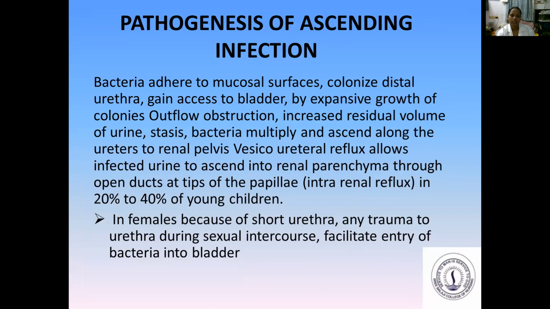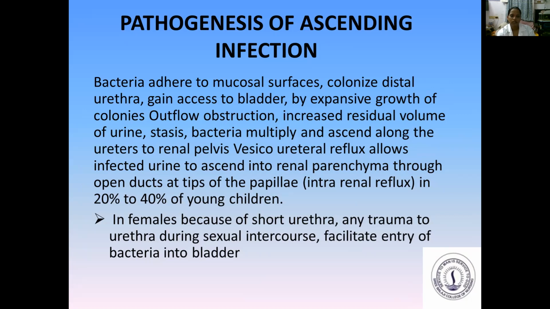Bacteria adhere to the mucosal surface, colonize the distal urethra, and gain access to the bladder by expansive growth of colonies, outflow obstruction, and increased residual volume with urine stasis. The bacteria multiply and ascend along the ureters to the renal pelvis.